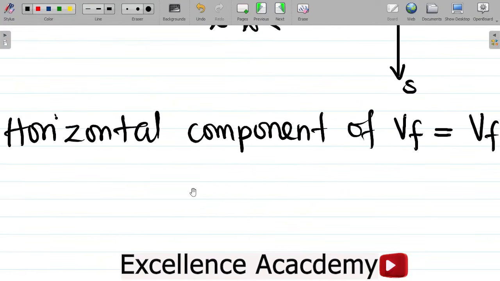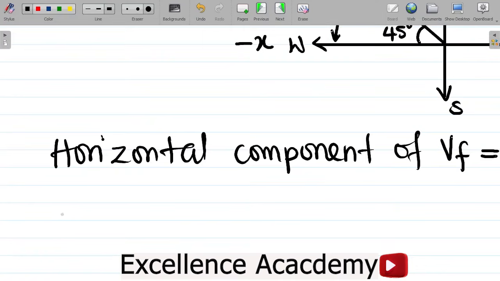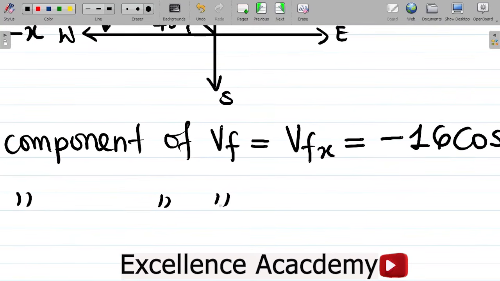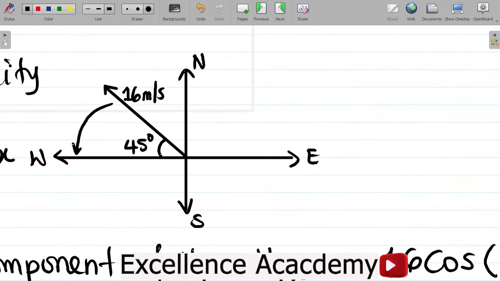Let's now get the vertical component of final velocity. Simply push this to the y-axis. This is the positive y-axis, so it becomes positive.